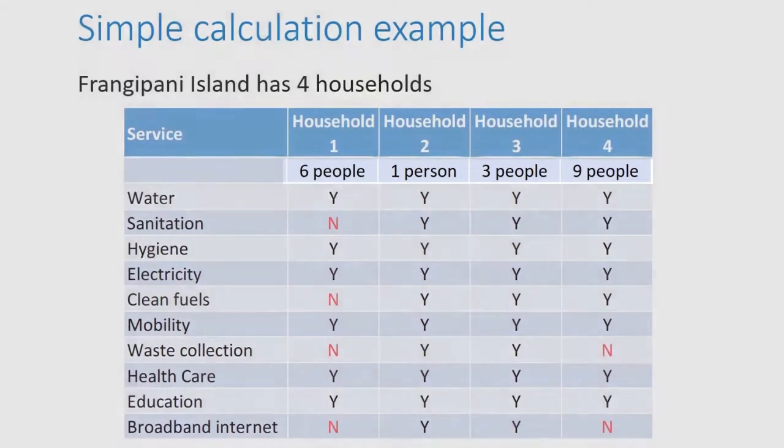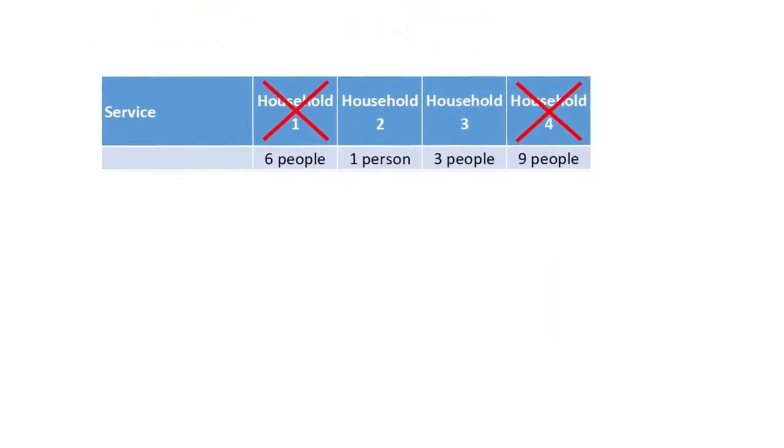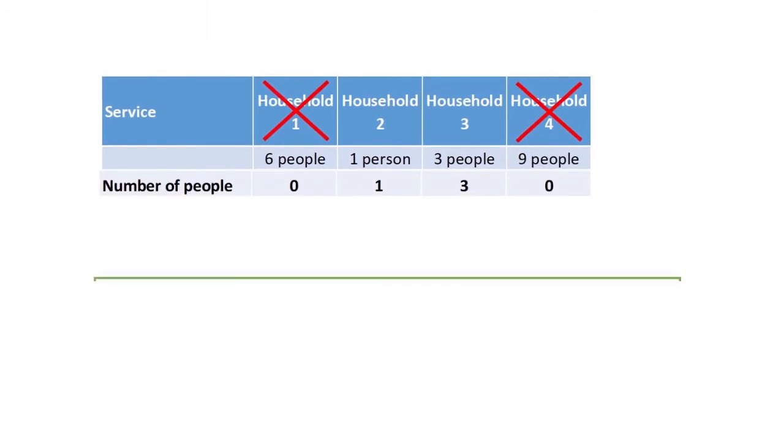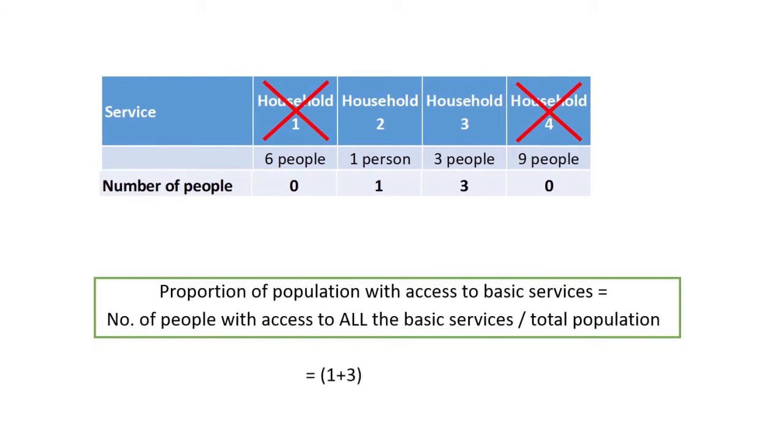And down the column we have whether the determined basic services are available. That will allow us then to separate into two categories: households that do meet all the criteria for access to services and those that don't. And then we simply add up the number of people in the households which we've determined as having those services. They become our numerator, and the denominator becomes the total population living in those households.